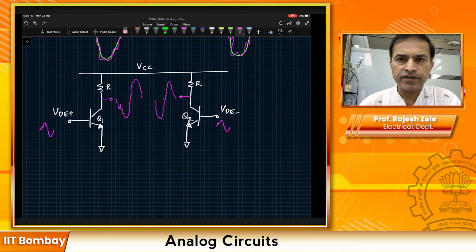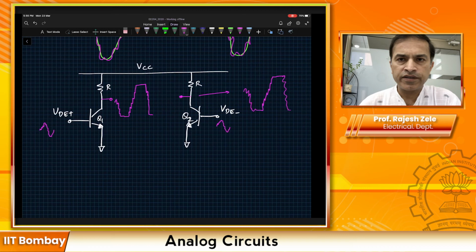Now if the gain is too high, you could get into a situation where the waveform gets clipped, which means you will see something like this. This is not a good situation, and the other side will also look the same way. I'm going to just draw it here. And we are supposed to look at the difference between the two waveforms.